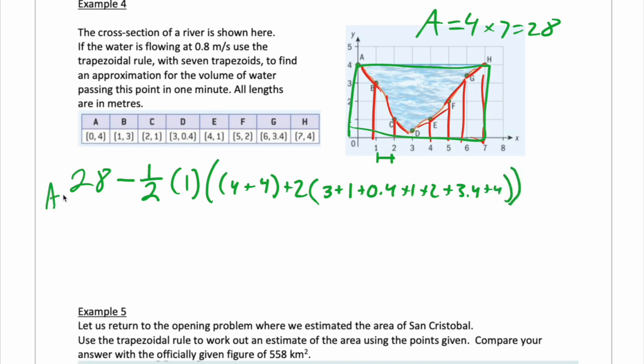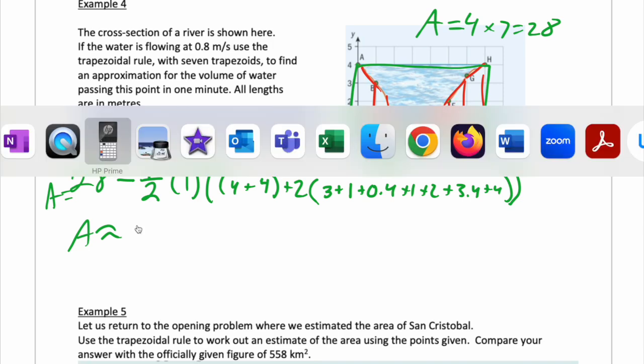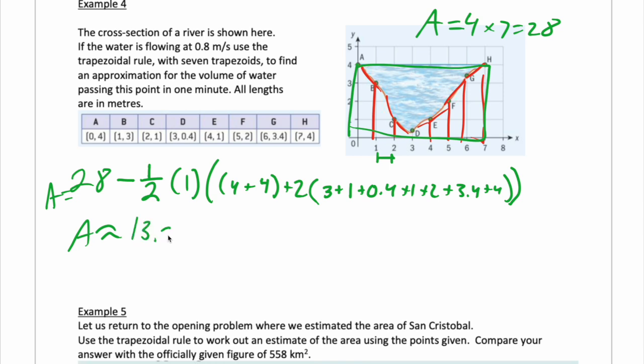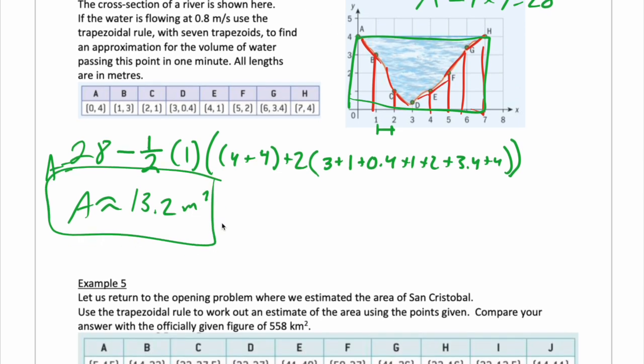Okay, so that is an approximation of the area, and if you do all that on your calculator, make sure the brackets are correct, you get about 13.2, which makes sense because that's about half of 28, and it looks like about half, so it kind of makes sense.